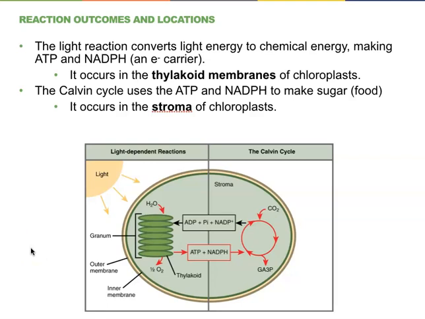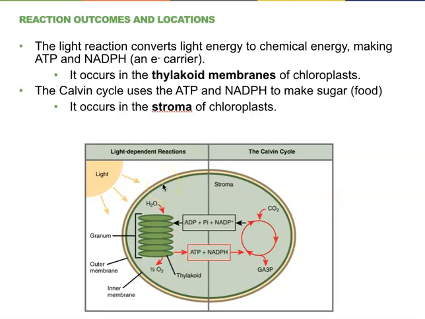It occurs inside a specific area of a chloroplast. The chloroplast is the structure. Inside of here we have granum, and the granum have membranes made up of thylakoids. So the membrane of a thylakoid structure inside of a chloroplast is capturing that energy.